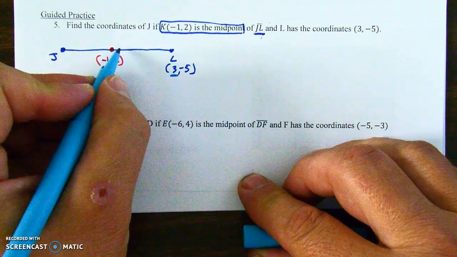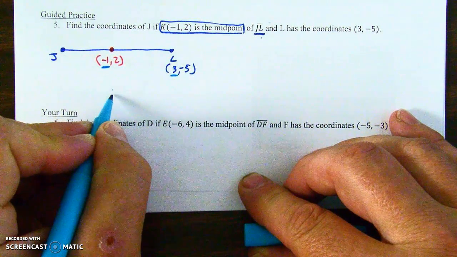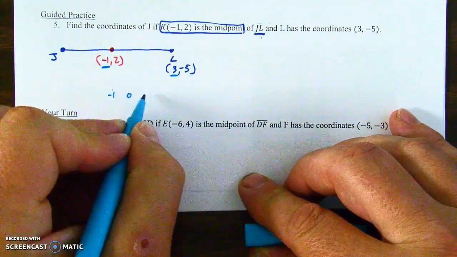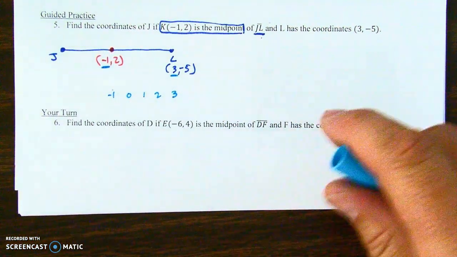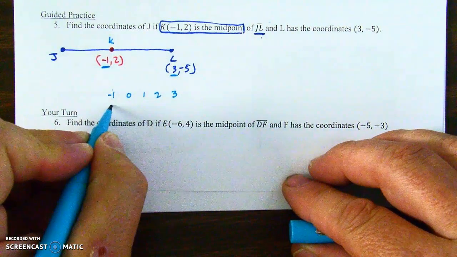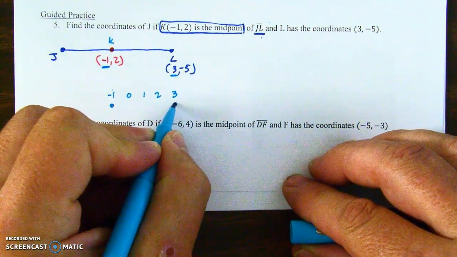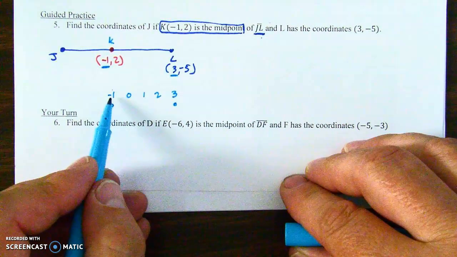So we go -1, 0, 1, 2, and 3. So this is where point K is, which I forgot to label, and this is our point L.